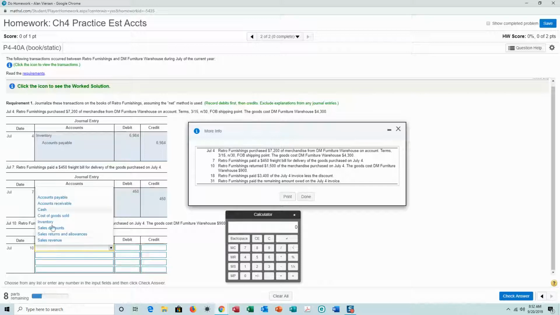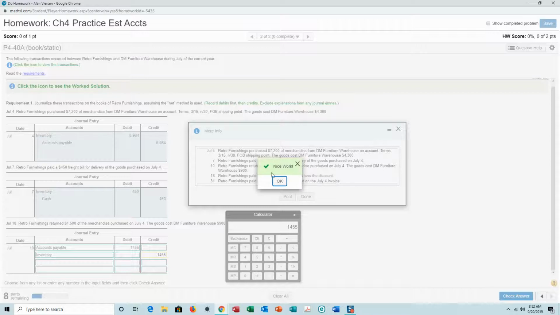So the return is going to now debit accounts payable because we're going to decrease it, and we're going to credit inventory, and the amount will be 1,500, again, times 97% or 0.97, or you can take 1,500, subtract 3% of that, and this gives us 14.55. Check my answer. Nice work.